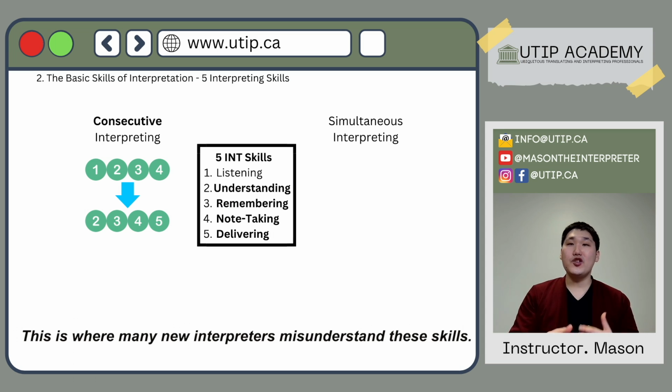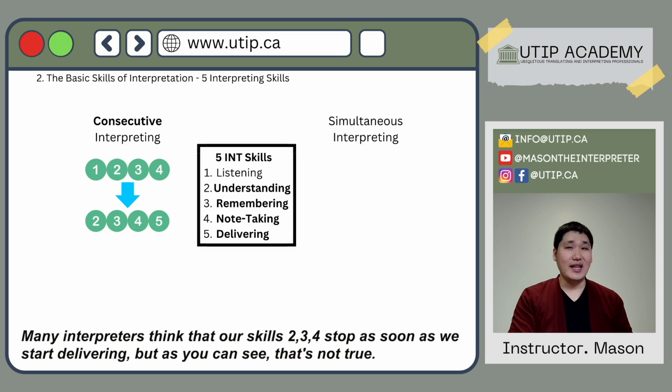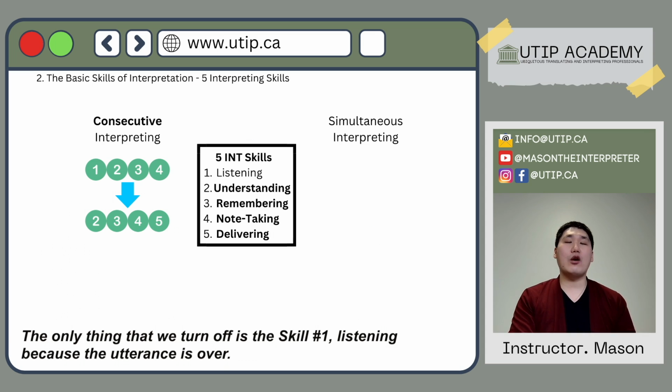This is where many new interpreters misunderstand these skills. Many interpreters think that our skills 2, 3, 4 stop as soon as we start delivering. But as you can see, that's not true. The only thing that we turn off is the skill number 1, listening, because the utterance is over.